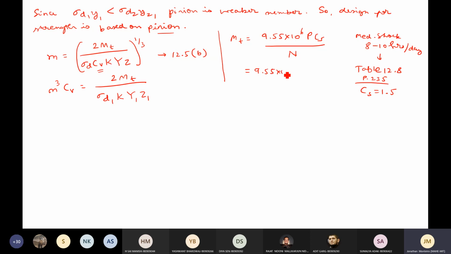So this MT value will be 9.55 into 10 power 6, 20 kilowatt is the power, 1.5 by N is 1200. We are talking about N1 here. Okay, MT. So the torque transmitted will be 238750. Just check the values. Newton mm.